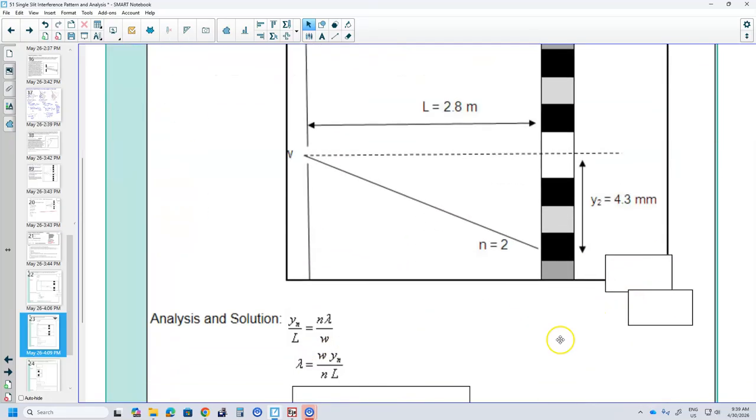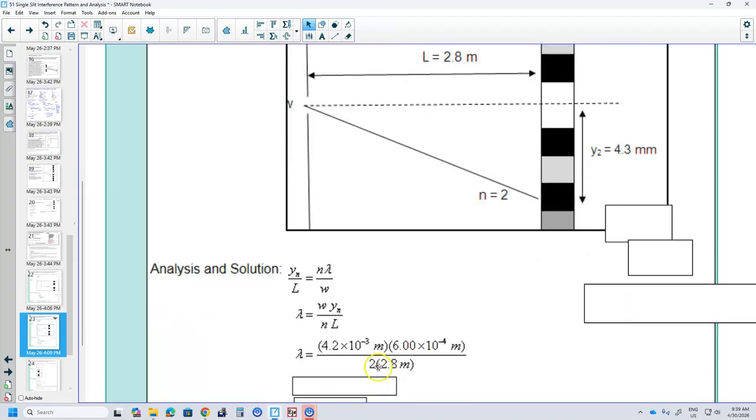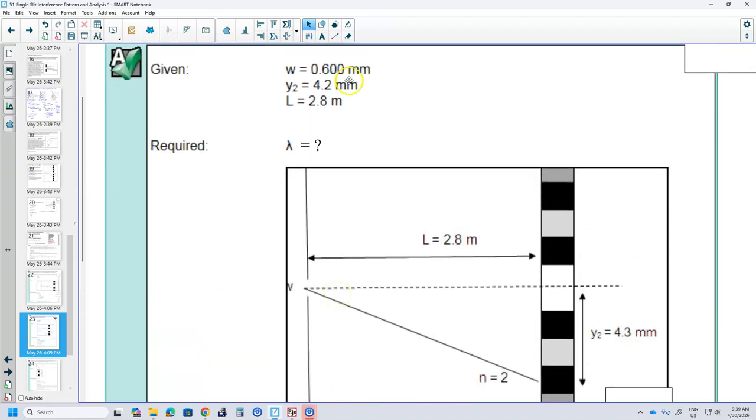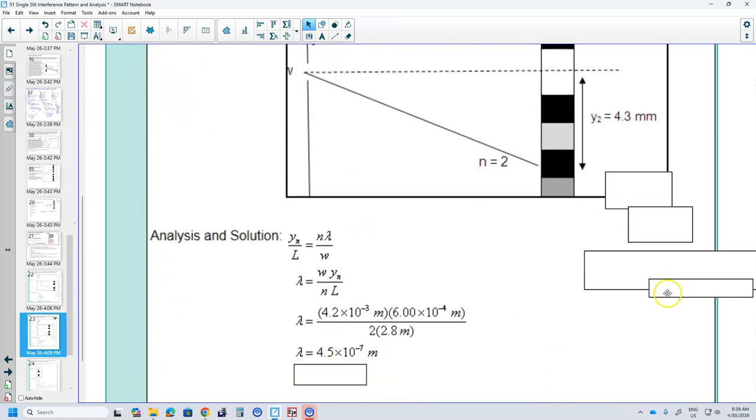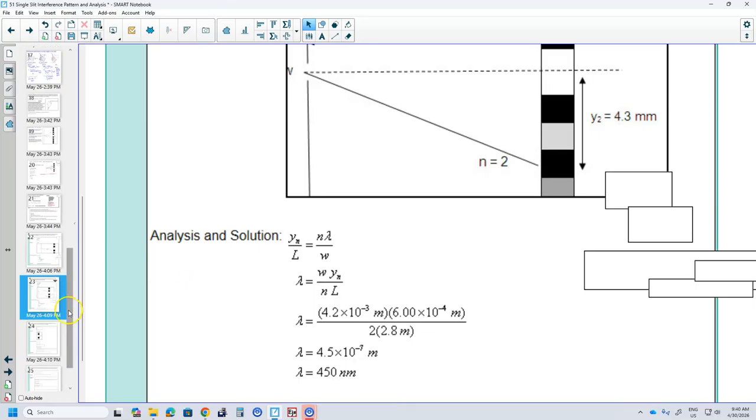Oh, there's the 2 in there. There we go. It just wasn't listed for some reason. I would have liked to have n equals 2 in there, because you're looking for an equation that has a w and the y2. Remember, this was like x number before. This one they're using y for some reason for the single slit stuff. But yeah, equation, numbers go in, gets you an answer.